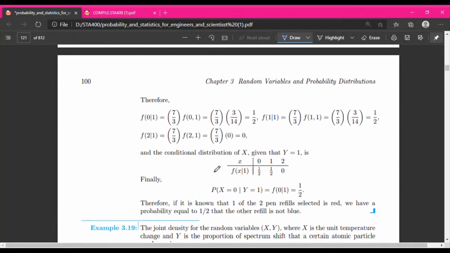This is for x equal to 0, x equal to 1, x equal to 2. But for y, it is still 1.